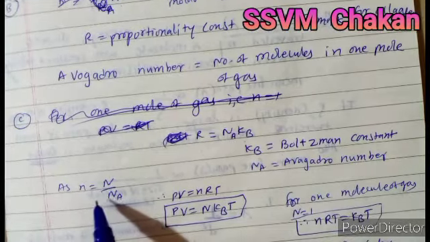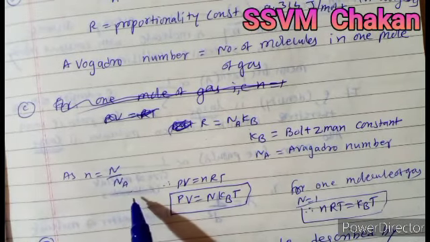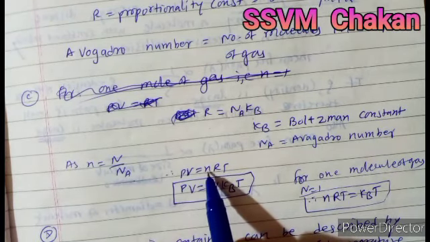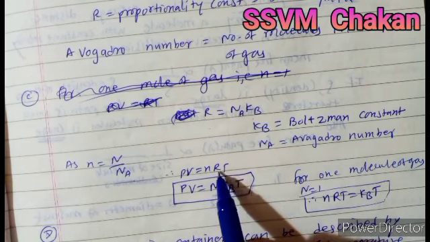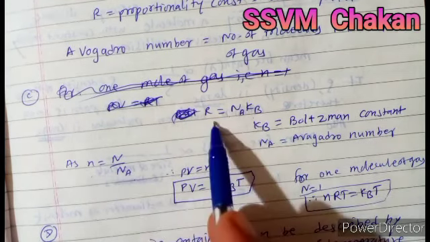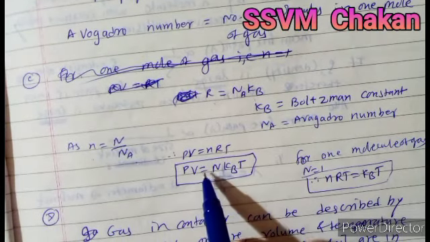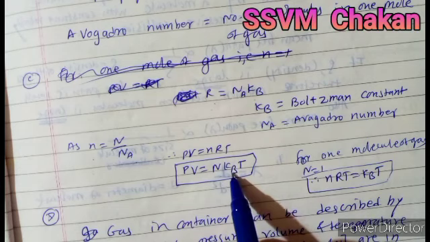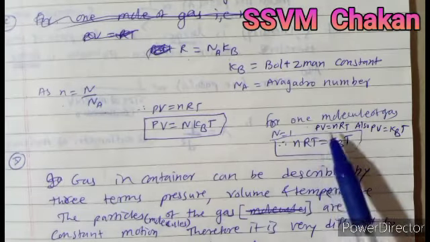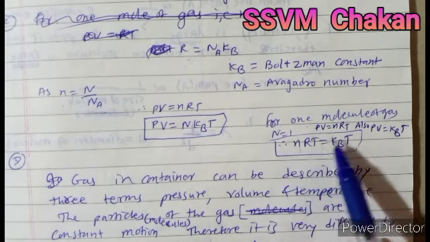Since we know small n is equal to capital N divided by Na, by substituting the value in the equation PV is equal to nRT, and substituting the value of R, we get PV is equal to capital N Kb into T. For one molecule of a gas, that means capital N is equal to 1.